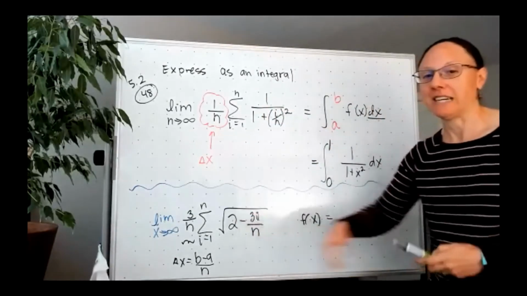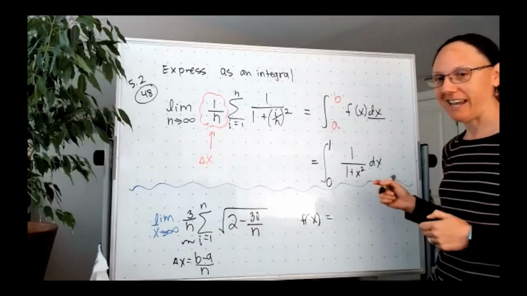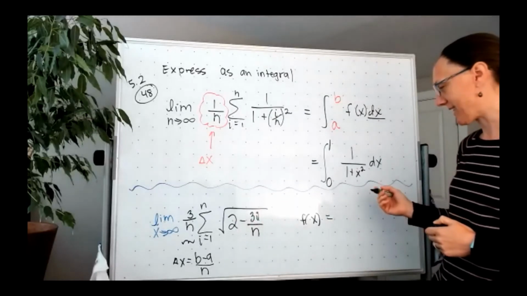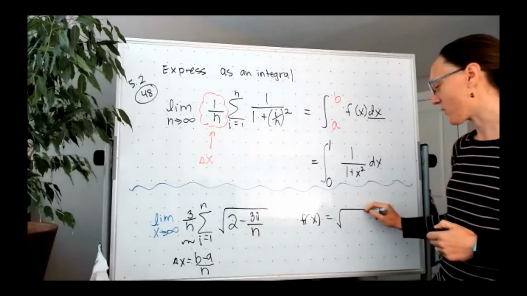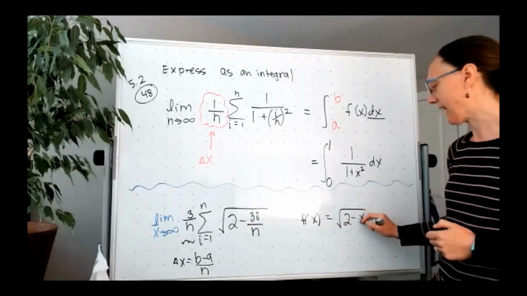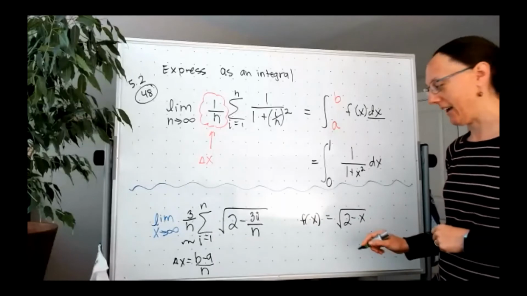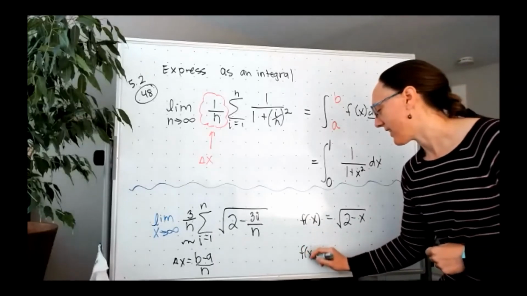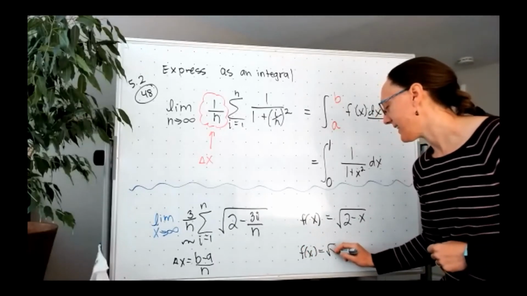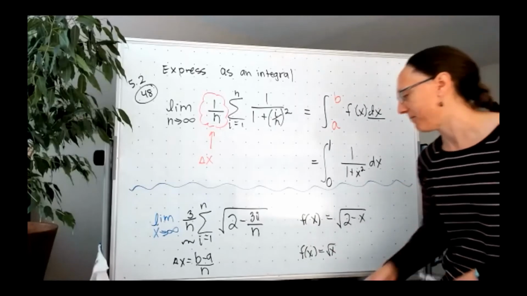Some of you looked at this and saw f of x is equal to the square root of 2 minus x. But others looked at that and saw f of x is equal to the square root of x.